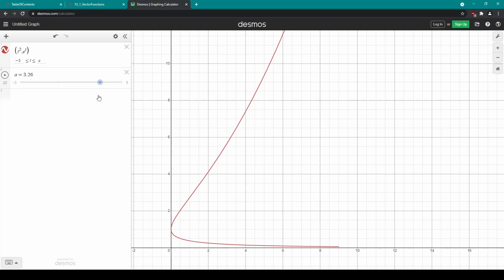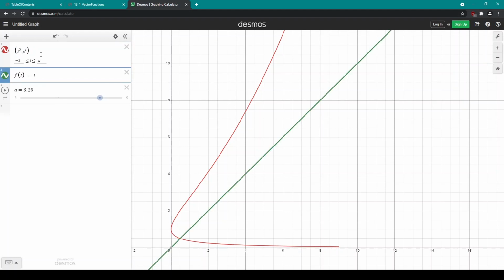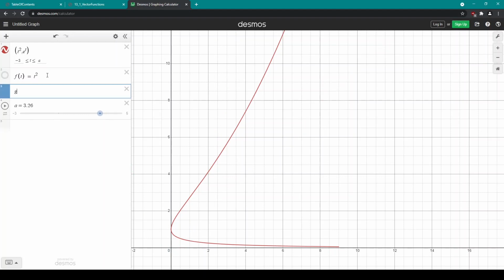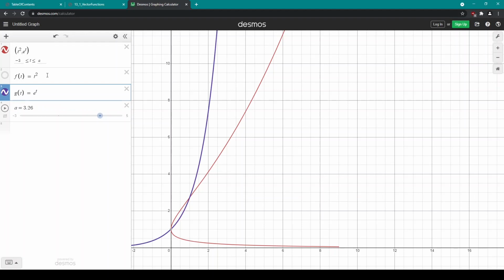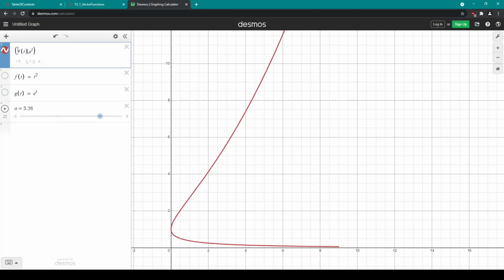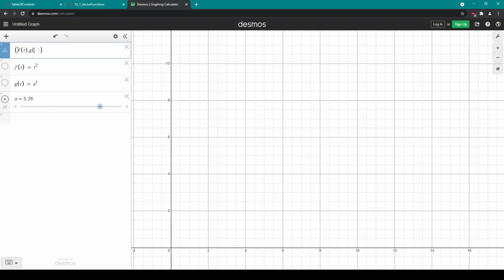So if you're having a little bit of trouble picturing one of these things, you can do this. To get the parametric curve stuff, all I did was use a set of parentheses and start typing a formula. Another way that I could have done this, by the way, is say f of t equals t squared, and then g of t equals e to the t, and then up here, this can be f of t, g of t.